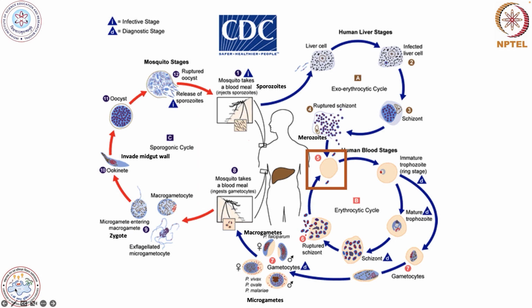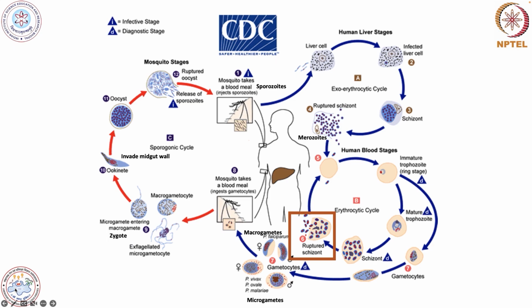The ring stage trophozoite matures into the schizont, which ruptures and releases the merozoites. Again they will increase in number, and again they will release schizonts, and this will again infect the RBC.